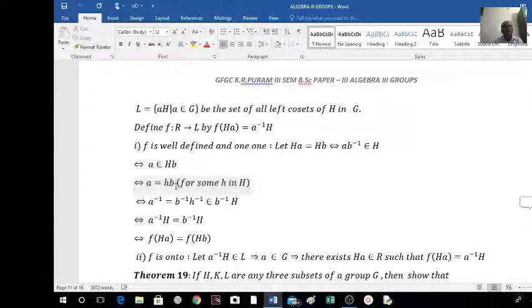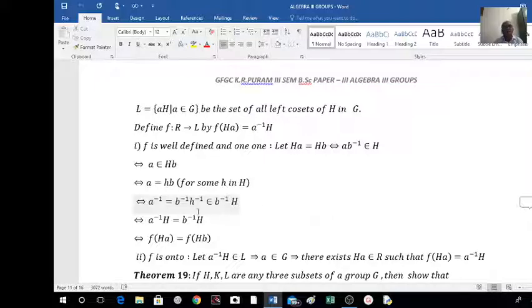And we know that AB whole inverse equal to B inverse into A inverse. So HB whole inverse is B inverse into h inverse. As h belongs to H, h inverse also belongs to H because H is a subgroup. Then B inverse into an element of H must belong to the coset B inverse H. This is the left coset. That is, A inverse belongs to B inverse H.